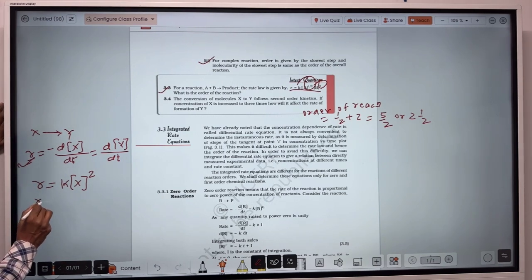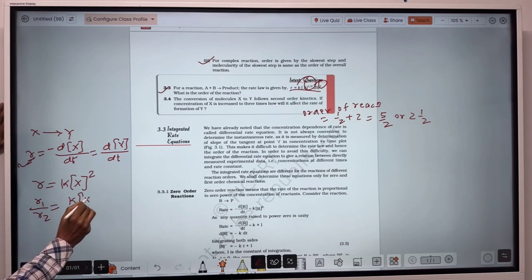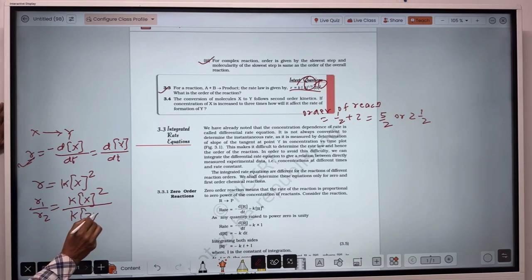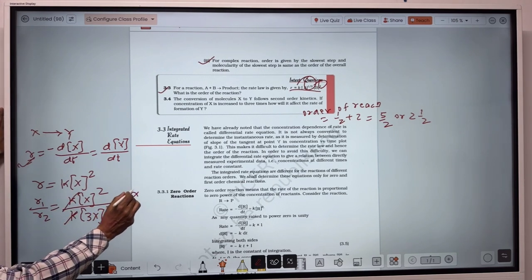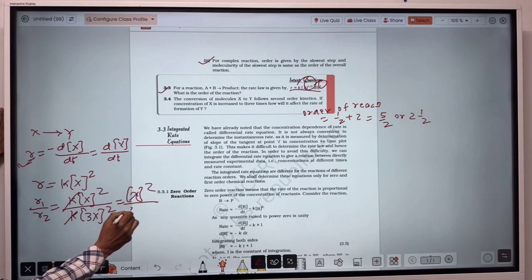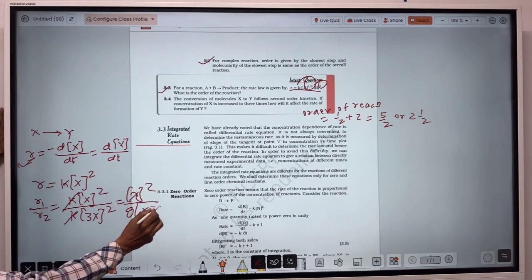So when we write R1 by R2, that will be equal to K X squared upon K, where the concentration becomes 3X, that squared. So R1 by R2 will be equal to the rate constant into the concentration of X squared, and the final concentration has become 3X. So K will cancel out. That will be equal to X squared upon 9X squared.